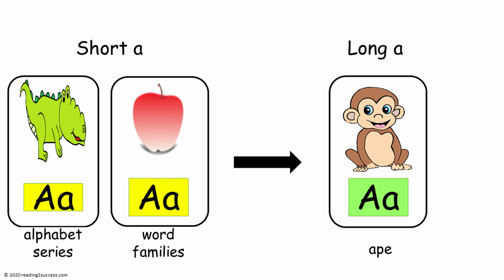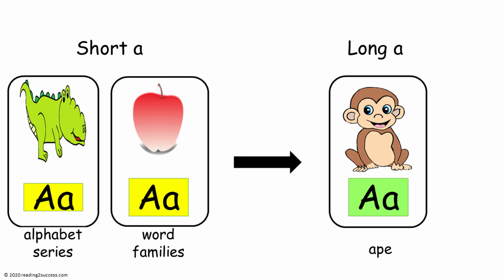Now we are going to have kids say the short and long sounds for each vowel. In this series, the short vowel used was alligator. And in another series for word families, apple was used.